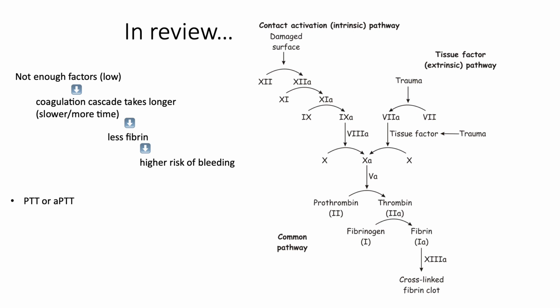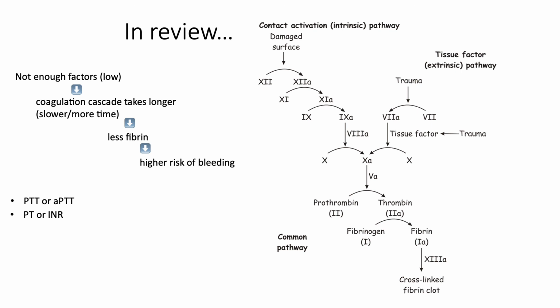And it's reported in seconds. So you can literally think of it as the time it takes to get through the coagulation cascade. And then the PT-INR will tell us about the extrinsic pathway, how long it takes for that side of the coagulation cascade to get to fibrin in a sense.